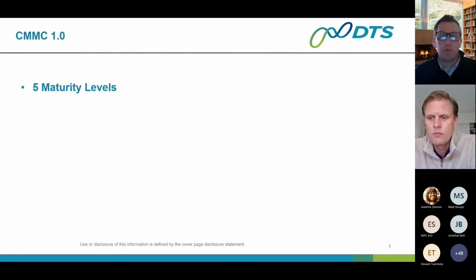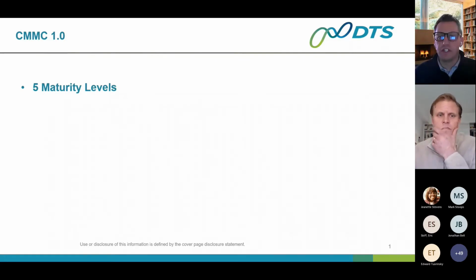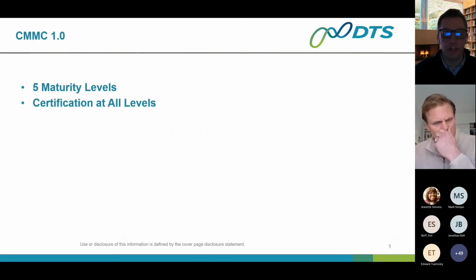With CMMC 1.0, first, there are 5 maturity levels, ranging from maturity level 1, which had 17 requirements and which they called the basic cybersecurity posture, up to advanced cybersecurity posture, maturity level 5, which had over 170 controls.